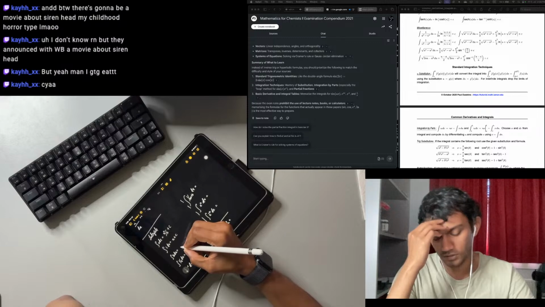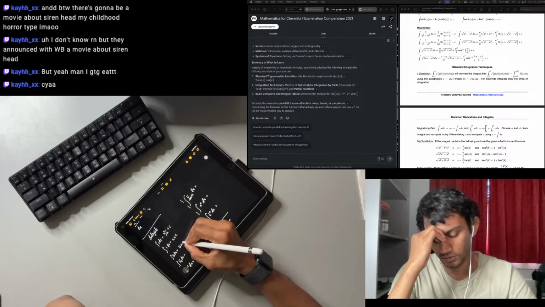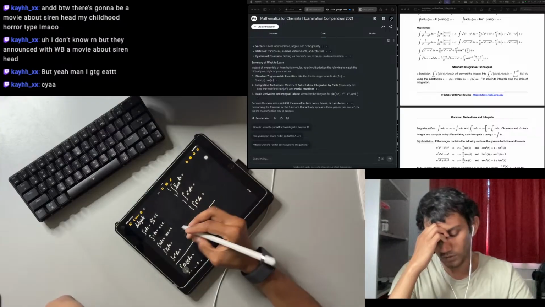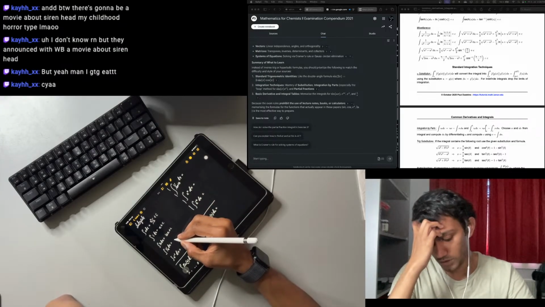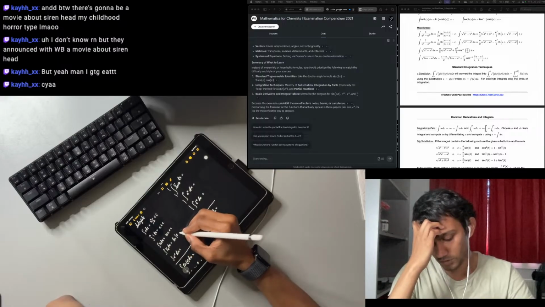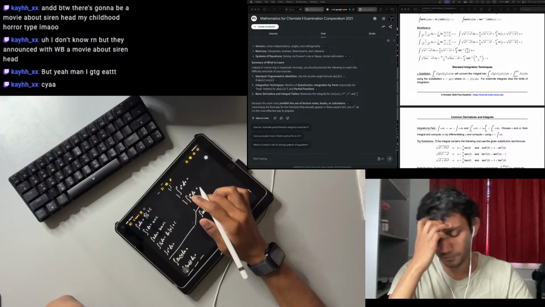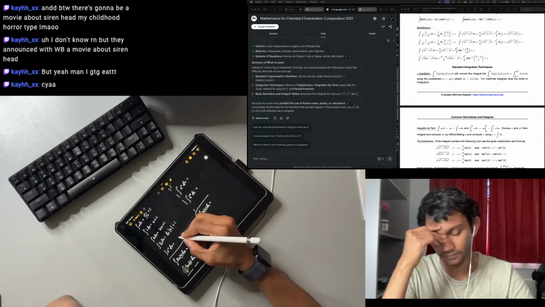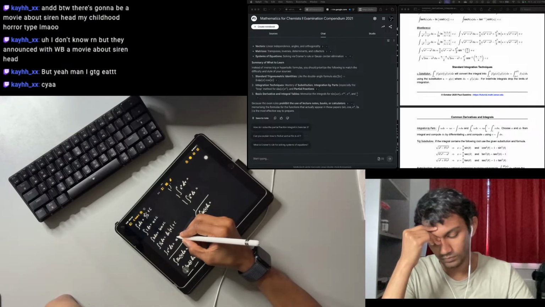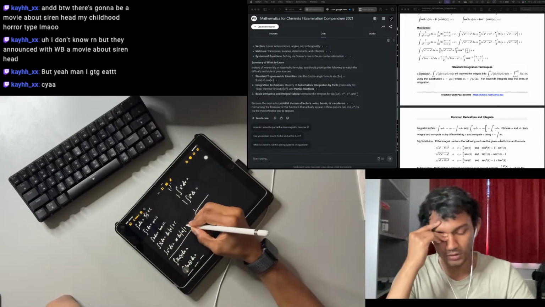Integral of k dx is kx plus c. Integral of 1 by x dx is natural log of x, right? x inverse, that's also 1 by x, log of x plus c.